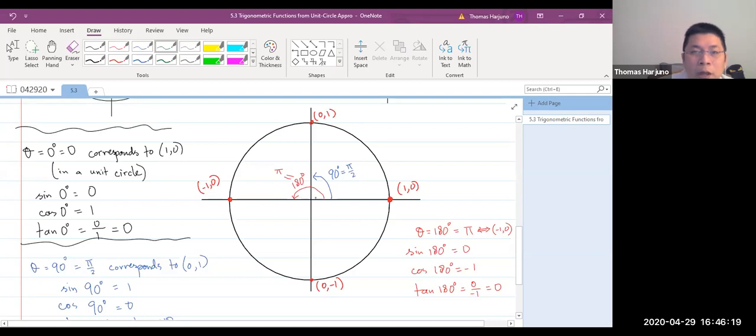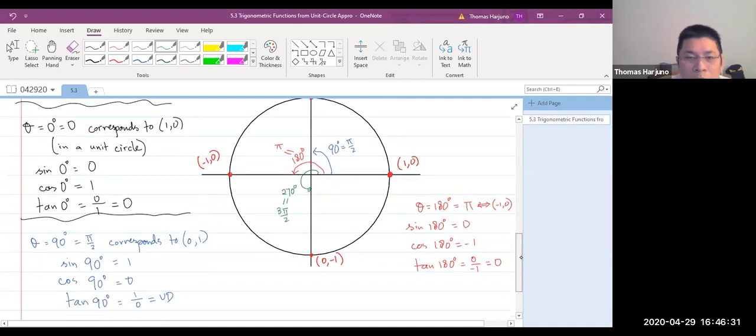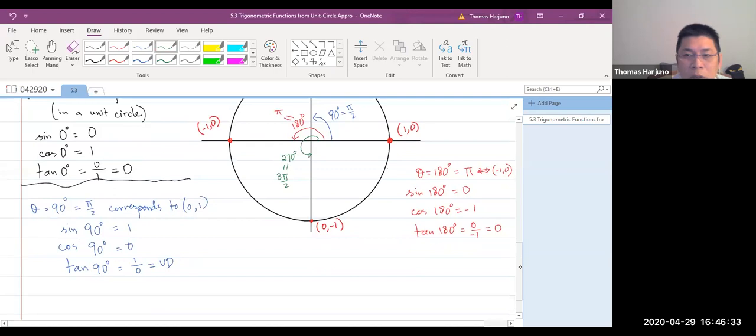Suppose the angle is 270 degrees, which is 3 pi over 2. Now then you see, what is the coordinate on the unit circle that corresponds to that angle?